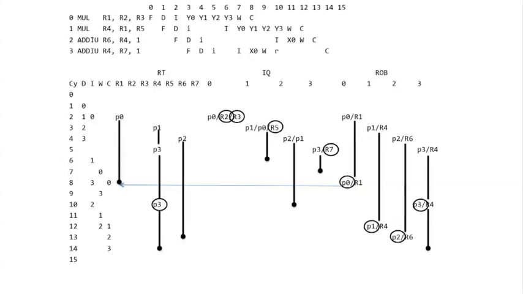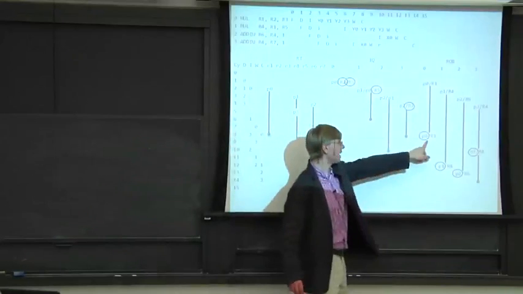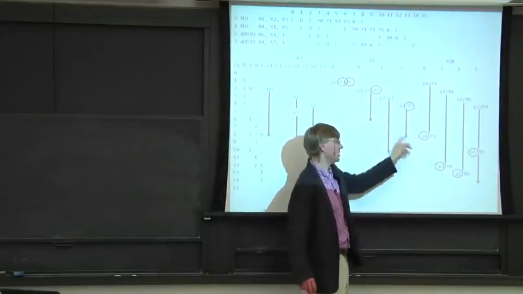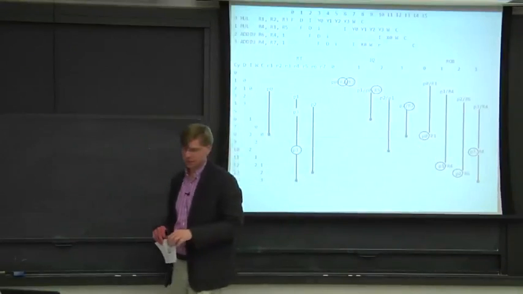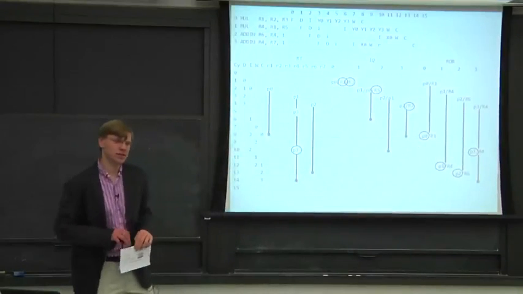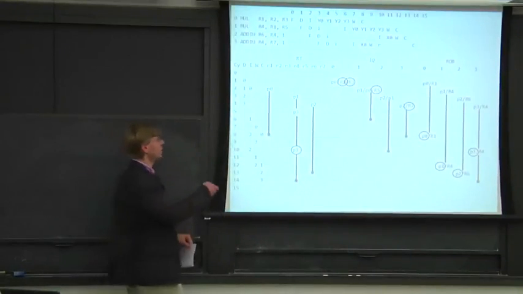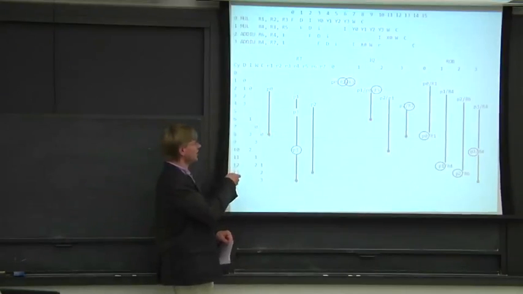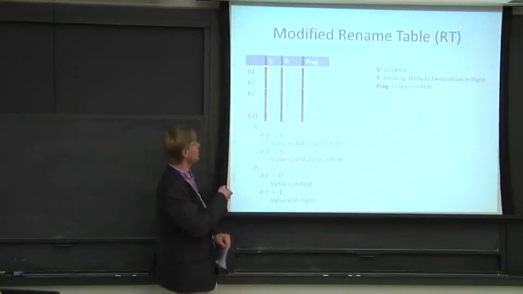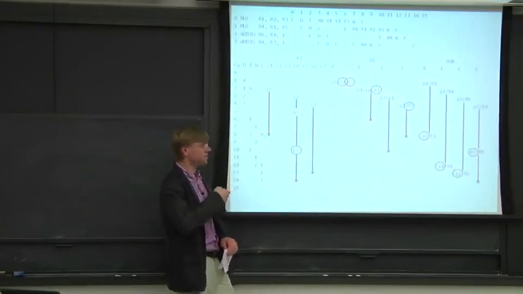Similar sorts of analogs happen when something becomes free, but it looks a little bit different. When something becomes free, we're going to change the valid bit in the rename table to a 0, and that's effectively the same thing as becoming free. There's analogs between these 2 designs. They're almost exactly the same from a logical perspective.